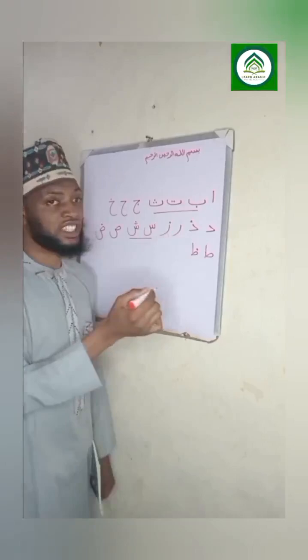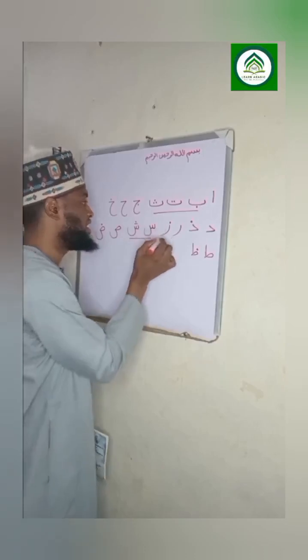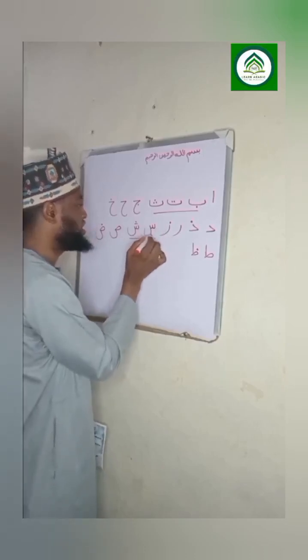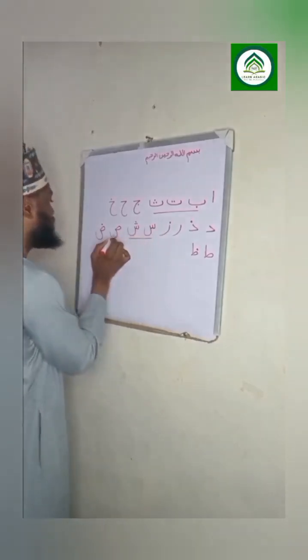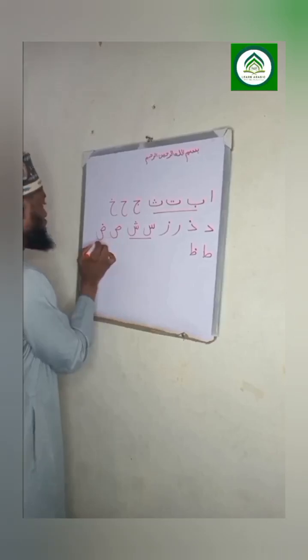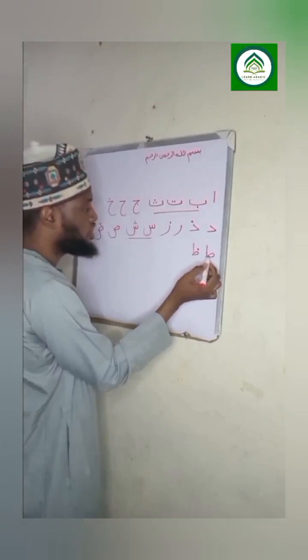Don't say it wrongly, it's not correct, rather Zai, Zai. Sin, Shin, Sad, Dad, Ta, Za.